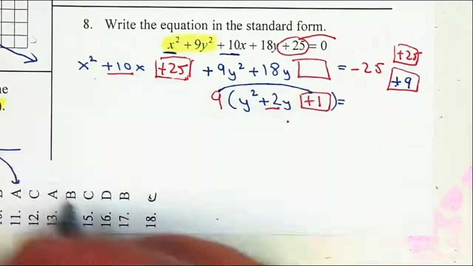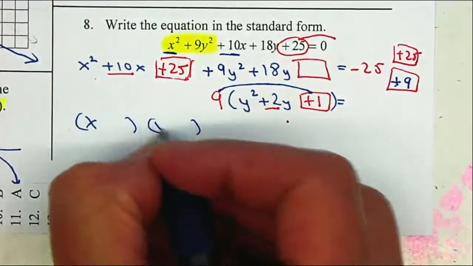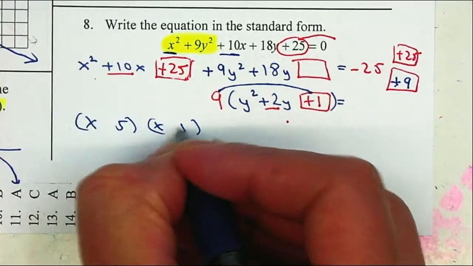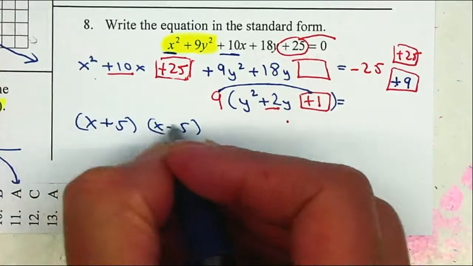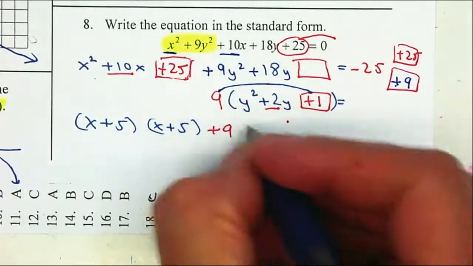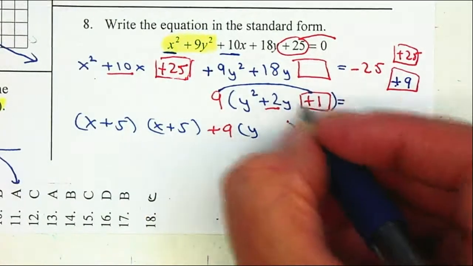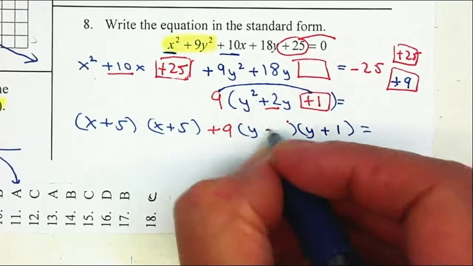And now I'm just going to factor this out. Double parenthesis, so it'll be x and x, factors of 25 gives me 5 and 5, and they both should be positive. Now we have a positive 9 here. I'm going to factor this out, double parenthesis, y, and the factors of 1 are positive 1 and positive 1.